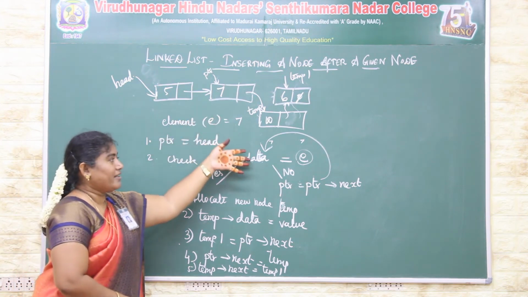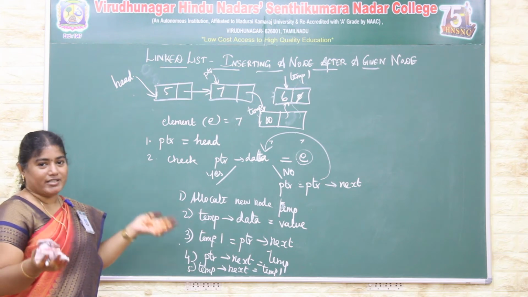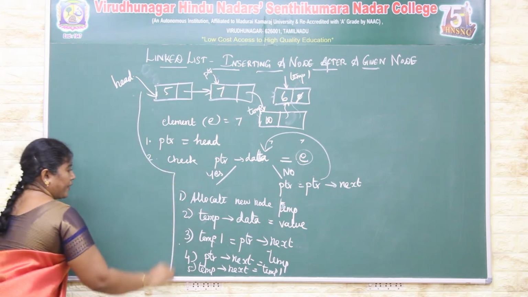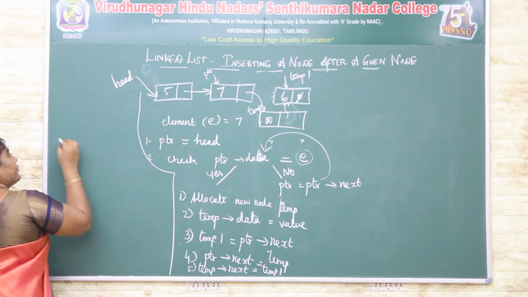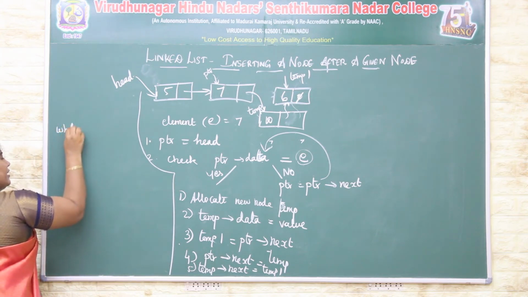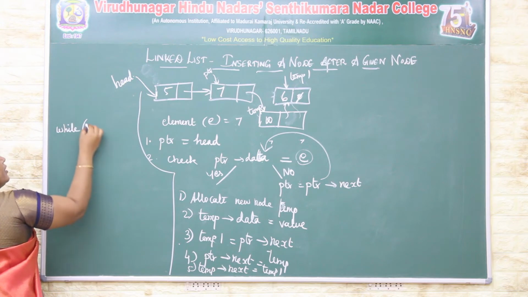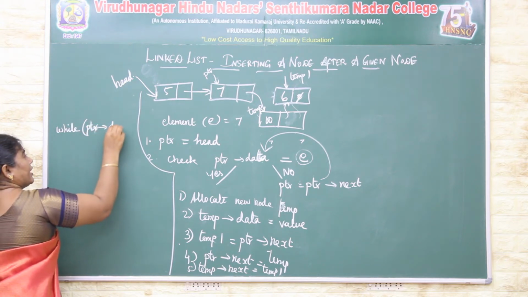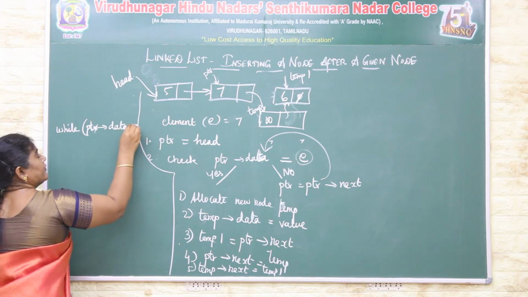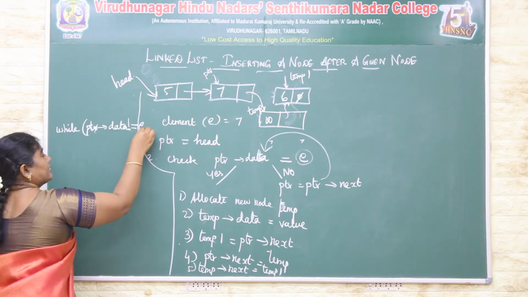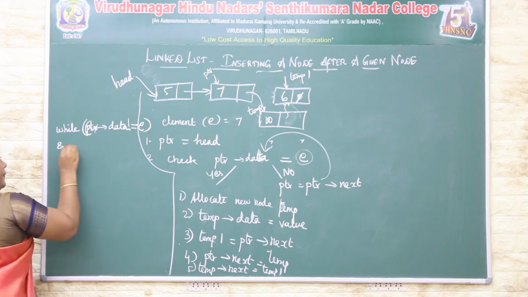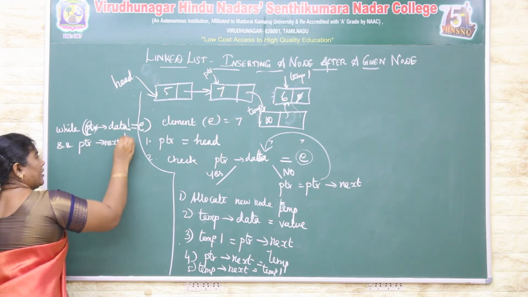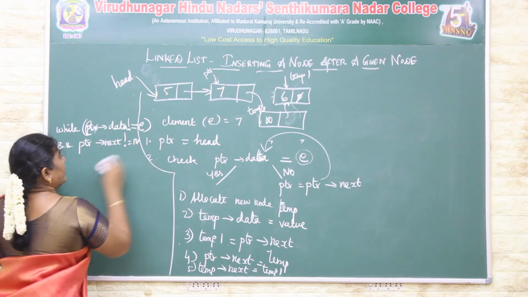If it is not present, I can conclude that we cannot insert a node because the element is not in my list. So how can we write this in code? I have to repeat the traversal while my PTR pointer data is not equal to element and my PTR pointer next is not equal to null.